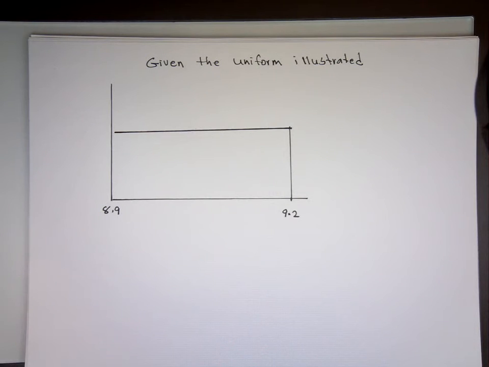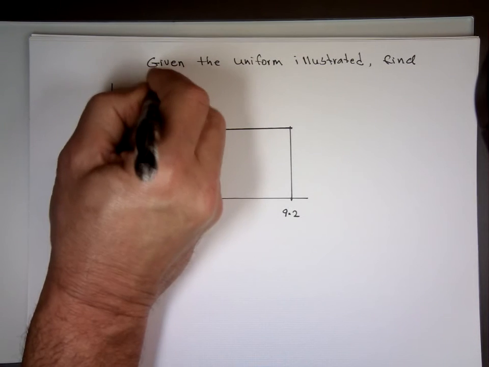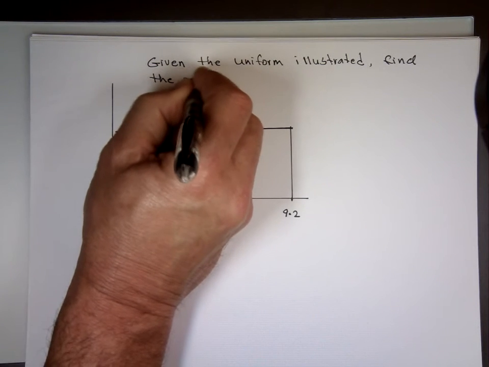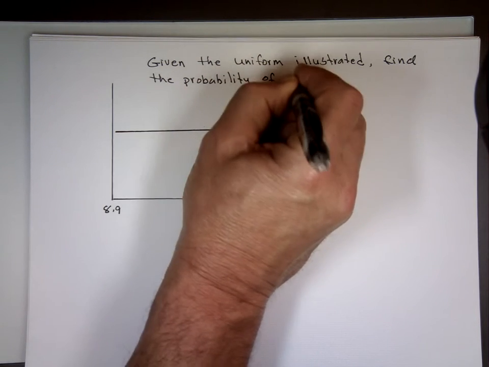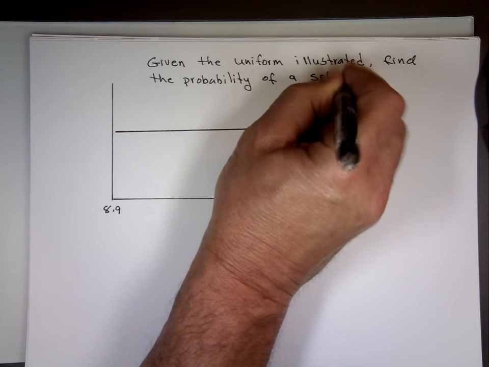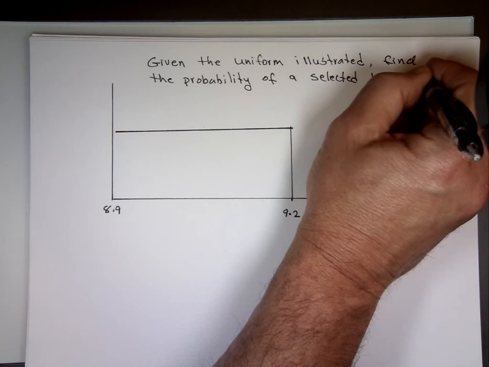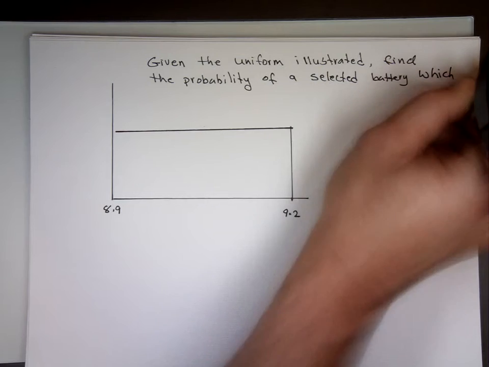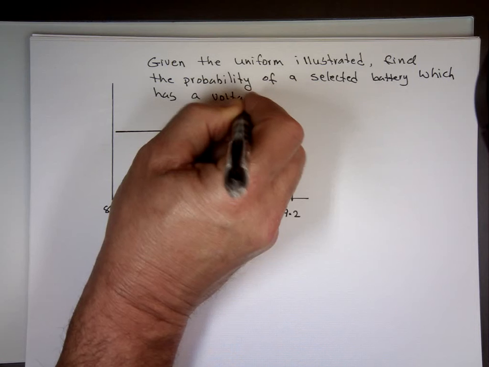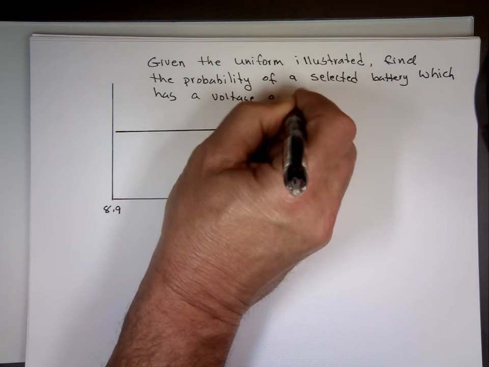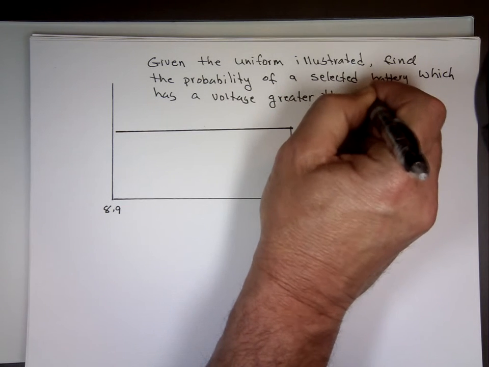Find the probability of a selected battery which has a voltage greater than 9.1 volts.